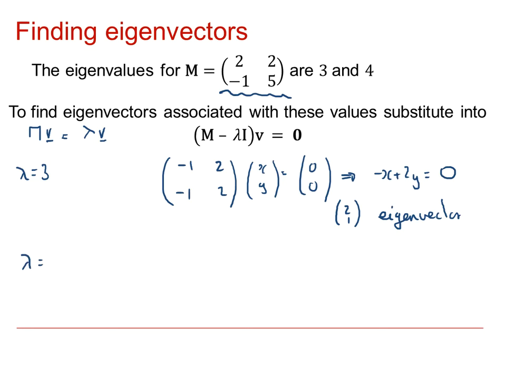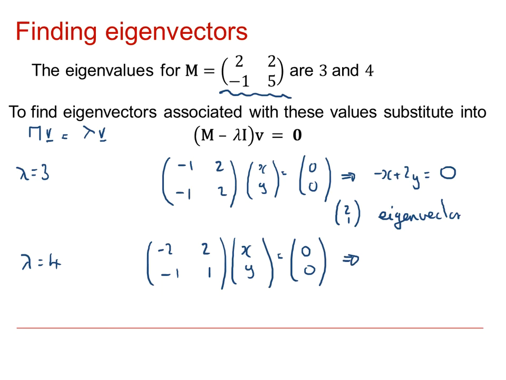Similarly, if lambda is equal to 4, so this time we're subtracting 4 from the matrix, we get negative 2, 2, negative 1, and 1 multiplied by (x, y) must be equal to the 0 vector. And this time we get minus 2x plus 2y, or minus x plus y, equal to 0.